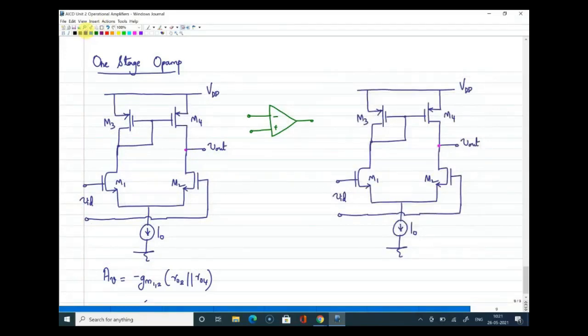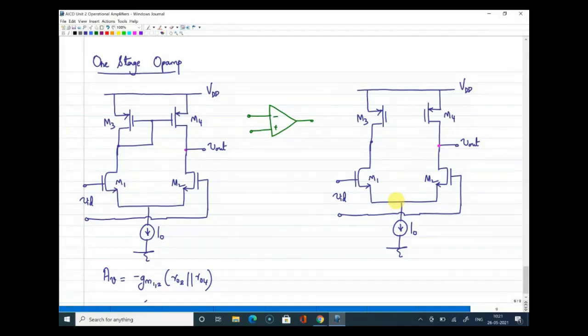Remove current mirror configuration. What do you mean by that? You meant that I should remove this connection? Sir, remove the bridge between M3 and M4. And what should I do? And the other side will be the negative differential output.